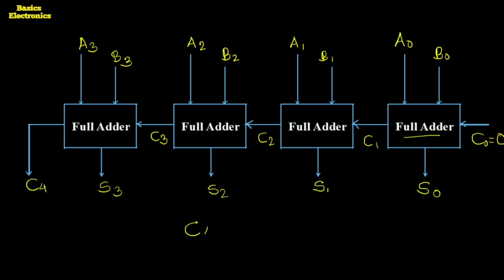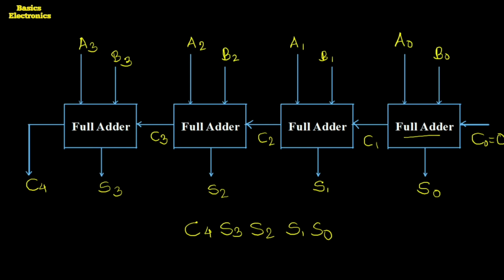It means in the answer we get C4, S3, S2, S1 and S0. If we apply the input as 1111, means the A number is 1111 and the B number is also 1111, then we get the same result as we saw in the previous circuit.